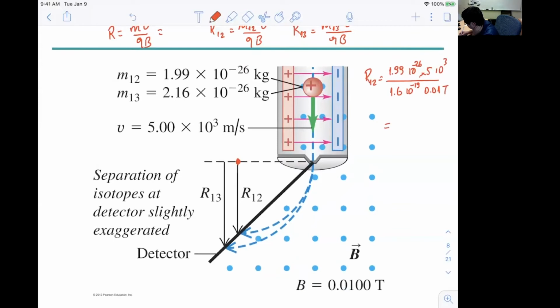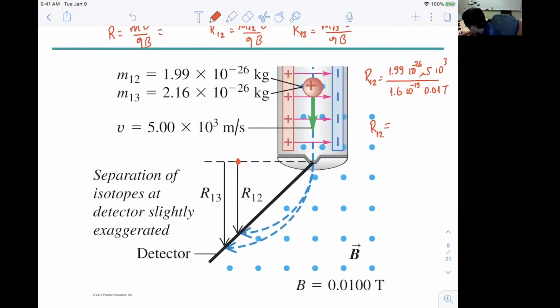Then the radius is going to be 1.99 times 5 divided by 1.6.